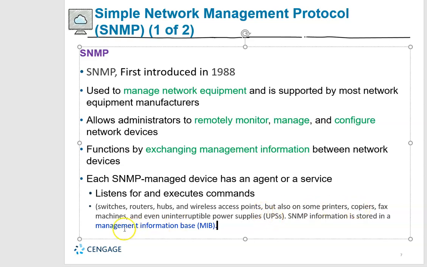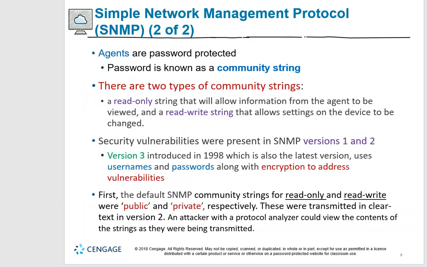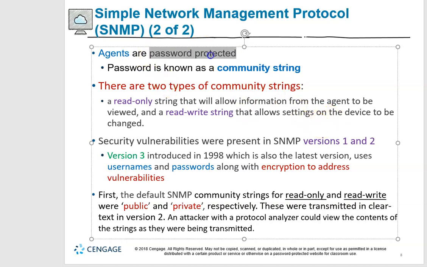The information is stored in a management information base. This is the database that has the particular values of the attributes that allows an SNMP device to communicate using this protocol. So how does this work? Well, these agents are password protected using something called a community string, another name for the type of password.